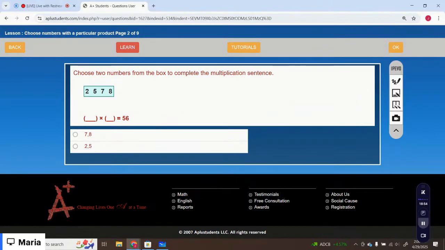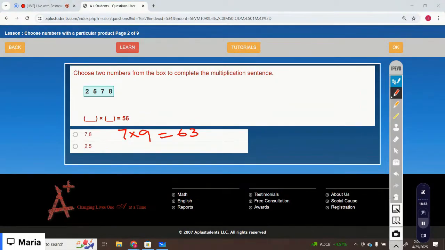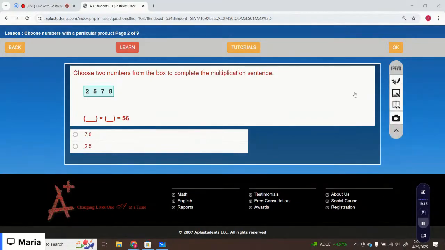So just look at the options given. The options you are given here are 7 and 8, 2 and 5. So just multiply and see which pair of numbers makes 56. 7 times 8 equals 56. So option number 1 is the correct option. The two numbers whose product makes 56 are 7 and 8.